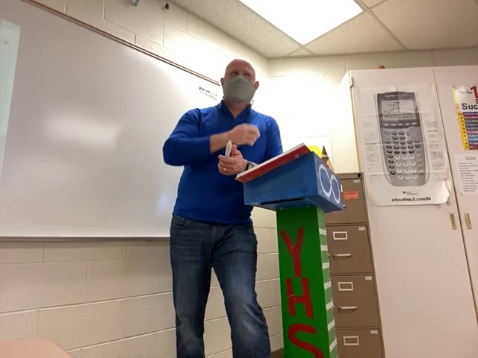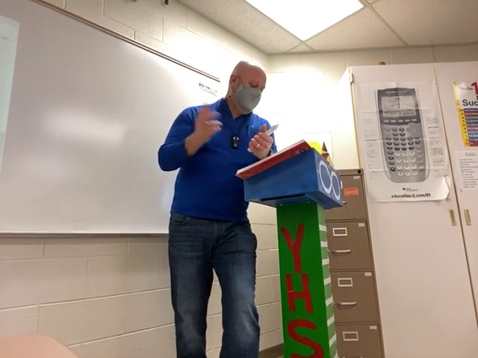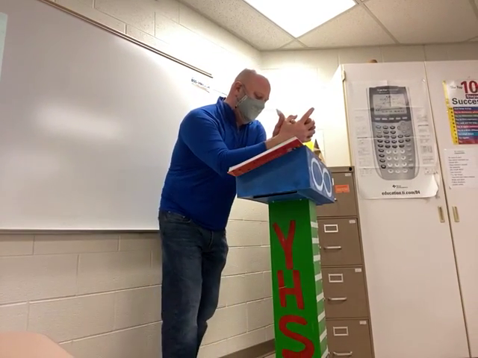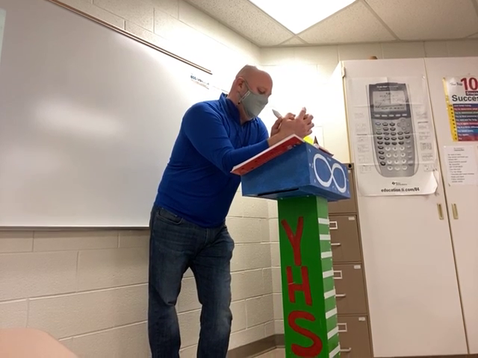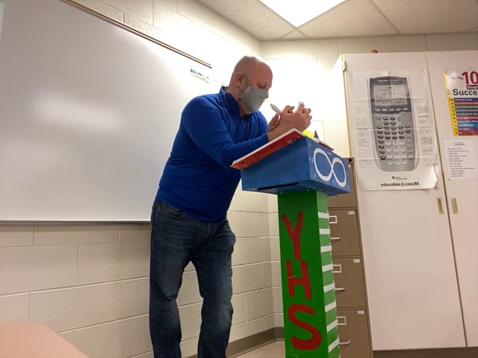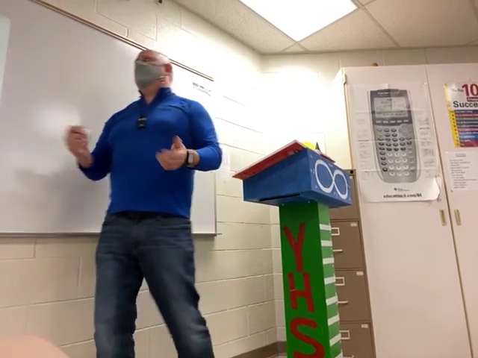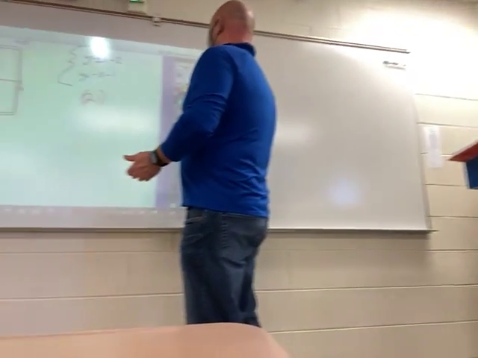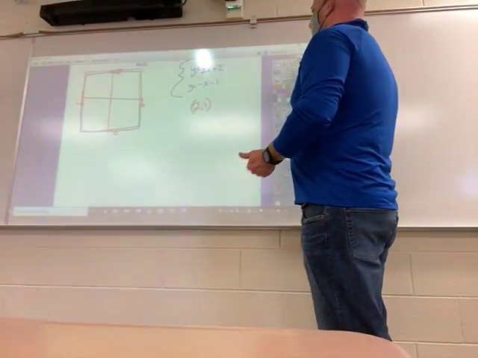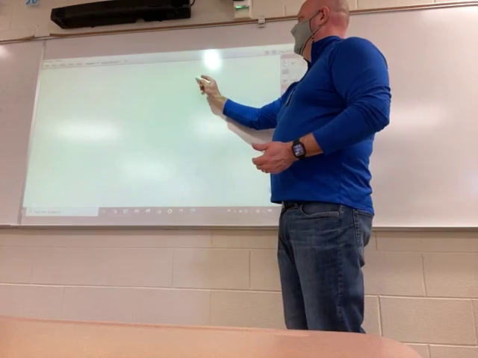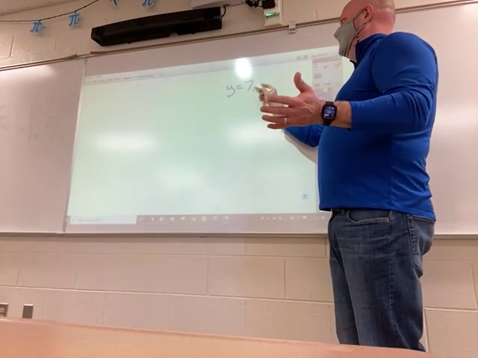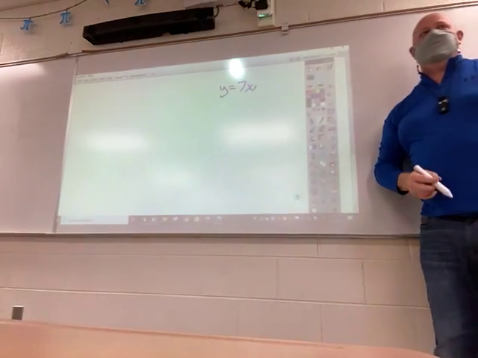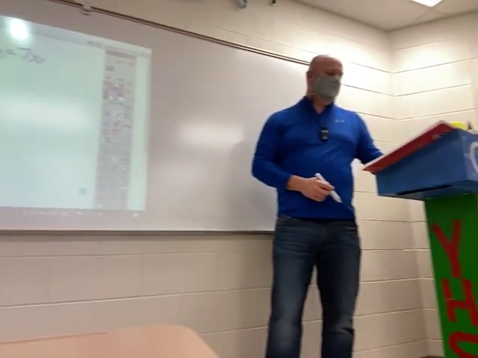Shocker. Words, scary words. So let's do 16. Angelo runs 7 miles a week and increases his distance by 1 mile each week. So what kind of equation could we write? Y equals, what's he run? 7 miles a week, right? So 7 times x.